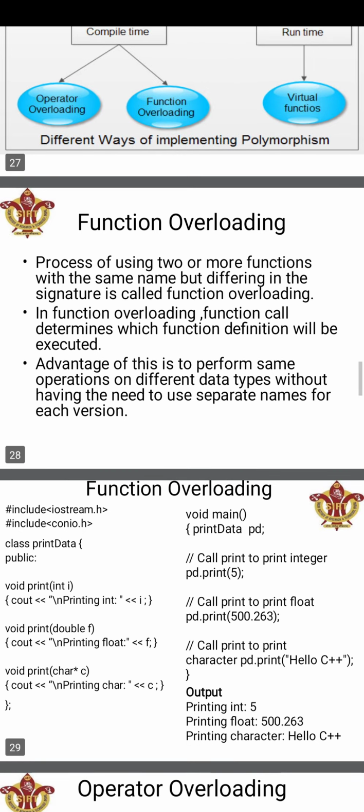So in function overloading, the function call determines which function definition will be executed, because in the function call we are passing the arguments. We change the number of arguments or the data type of the argument so that it can choose the correct function for execution. The advantage of this is to perform the same operation on different data types without needing separate names for each version.